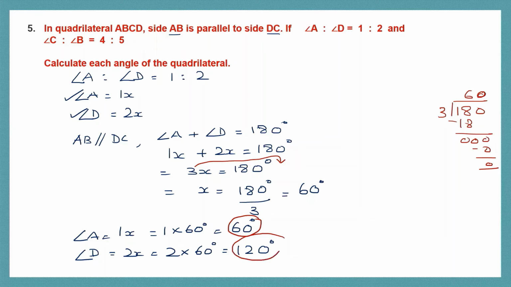Now we need to find the value of angles C and B. So angle C is to angle B was given as 4:5. So let's consider angle C to be 4y and angle B to be 5y.